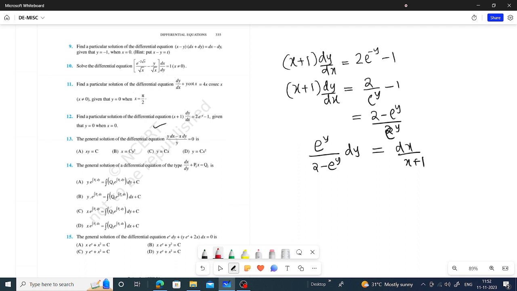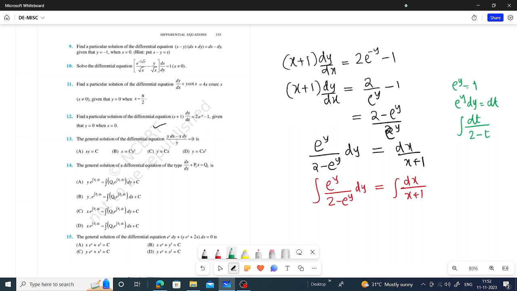So you integrate integral e raised to y by 2 minus e raised to y dy is equal to integral dx by x plus 1. So here we can substitute e raised to y equal to t. So e raised to y dy is equal to dt. So here we substitute dt by 2 minus t.